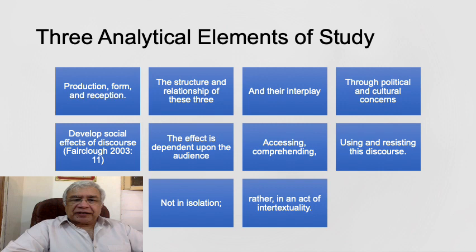It cannot be done in isolation. It's always done in intertextuality. That thing I had already explained in my last video, so there's no need to go into that. So these three stages, production, acceptance, resistance, are very important in this regard. For this purpose, you can go to my last video on discourses in order to understand. Besides that, I have copied these things in the notes of this slide, and you can go for that as well.